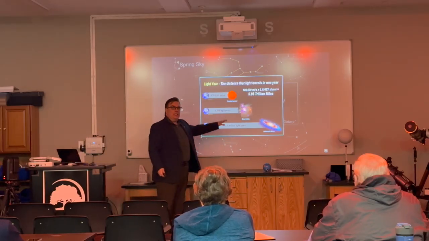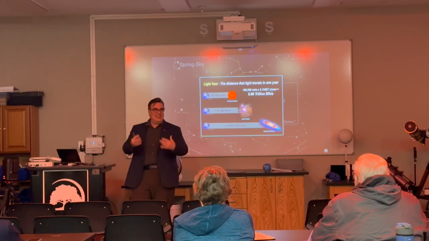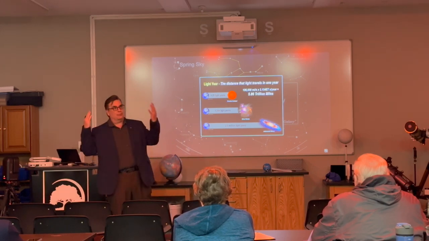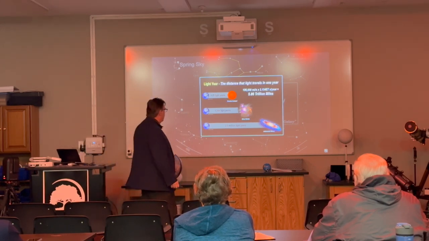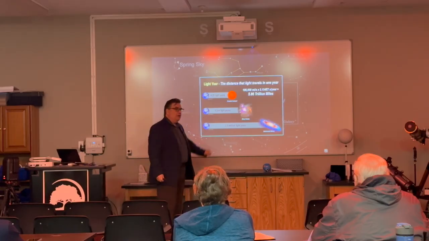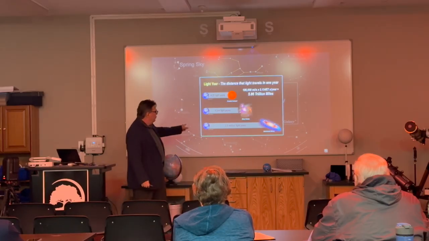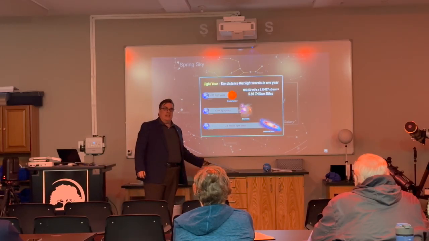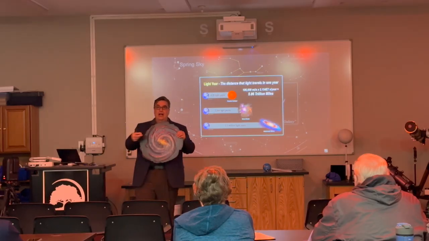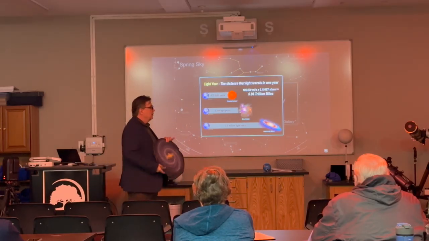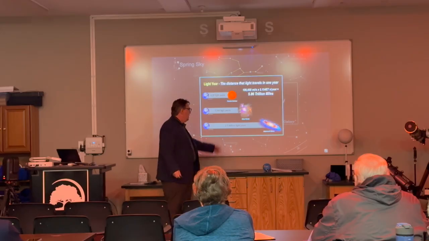The Great Orion Nebula, which is up right now, in the constellation of Orion the Hunter, one of the great constellations in the winter skies, is 1,344 light years away. And the Andromeda Galaxy, the next large spiral-type galaxy, even bigger than our own, is 2.5 million light years away.